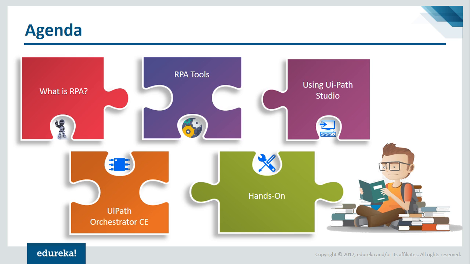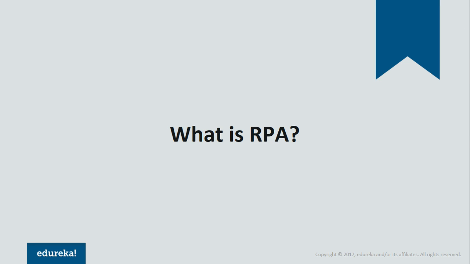After that, I'm going to teach you what UiPath Orchestrator Community Edition is and how you can use it. And towards the end, we'll be doing a demo where I'll demonstrate how you can use the orchestrator to deploy robots on client machines. All right, so guys, this is our agenda for today. I hope it's clear to you. So without wasting any time, let's move on to the first topic of today's discussion, which is what is RPA.